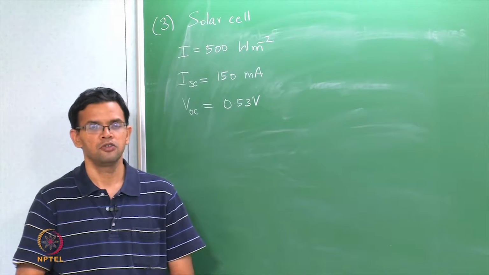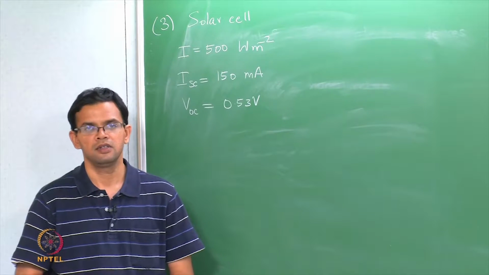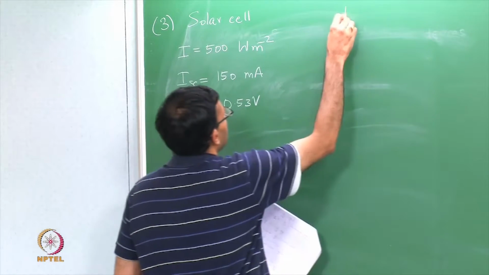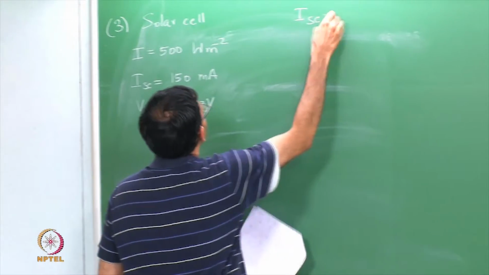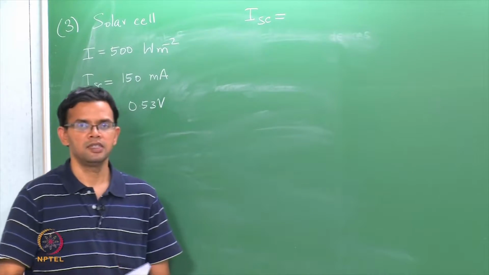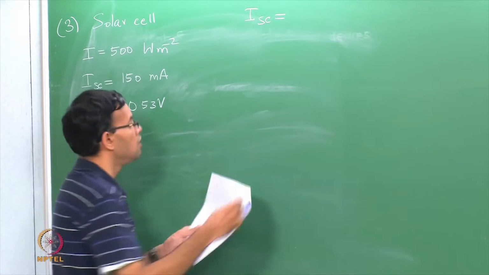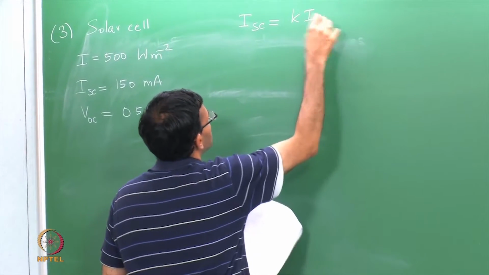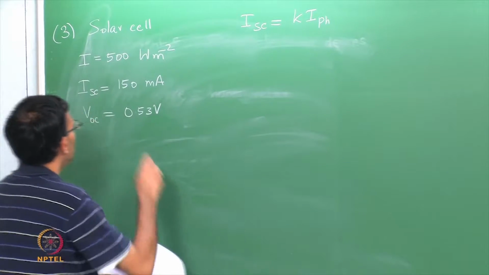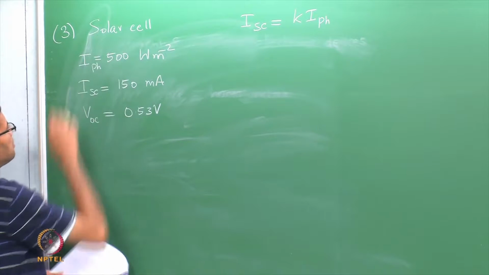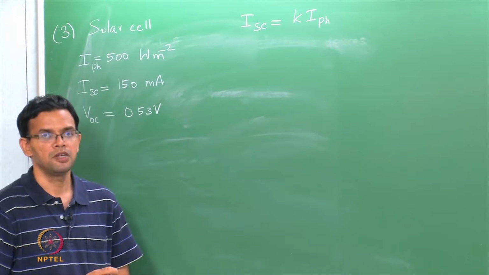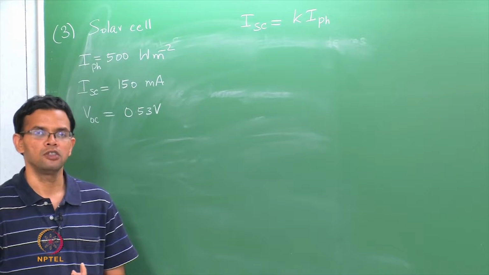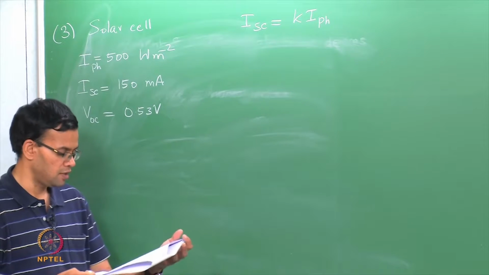So, the short circuit current is essentially the current when the voltage is equal to 0, and ISC is proportional to the intensity of the light that is falling. So, typically it is equal to some constant times IPH. IPH is nothing but the intensity of the photons that is falling onto your solar cell.